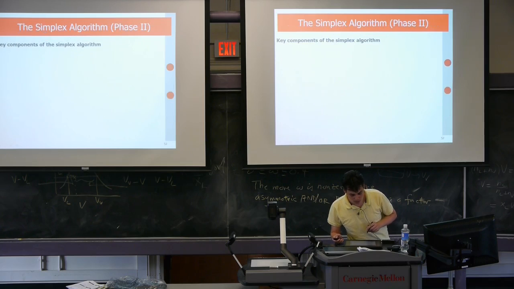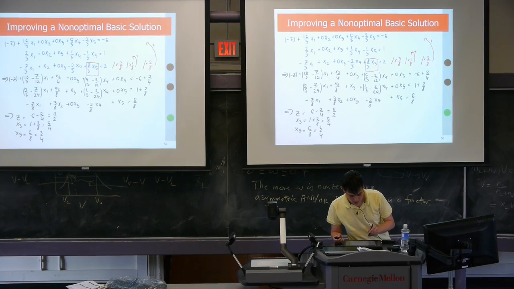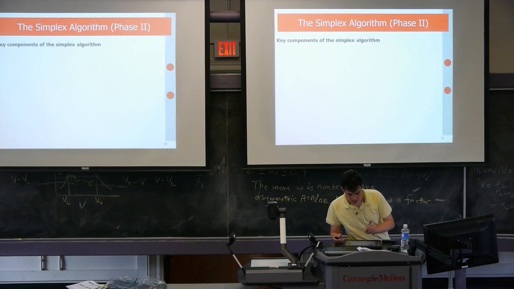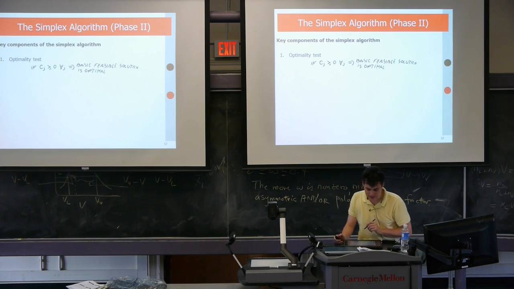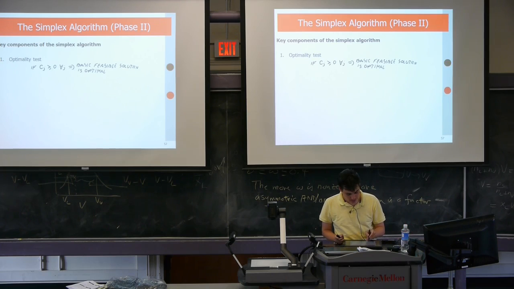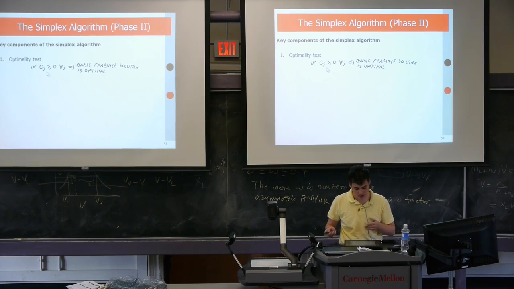Okay, so the key components of the simplex algorithm: you do an optimality test. You check if all these relative cost factors are non-negative or if there's one component negative. If they are all non-negative, then you say that the basic feasible solution is optimal.